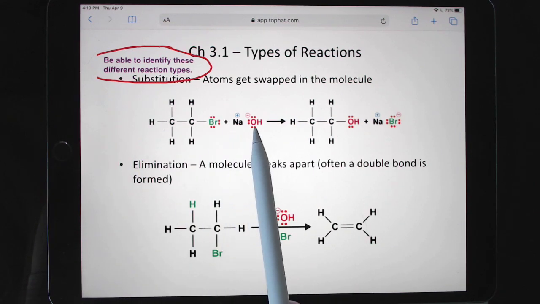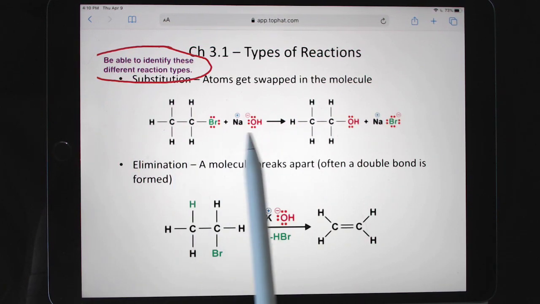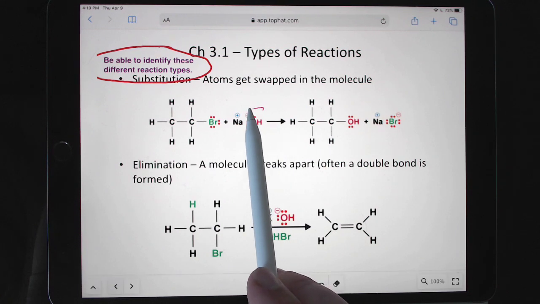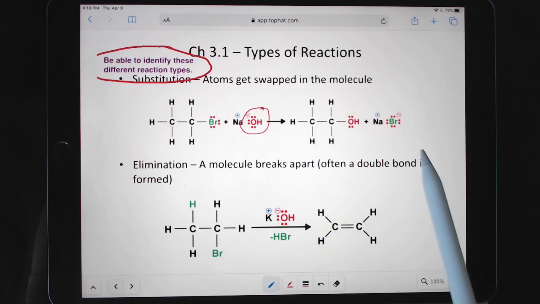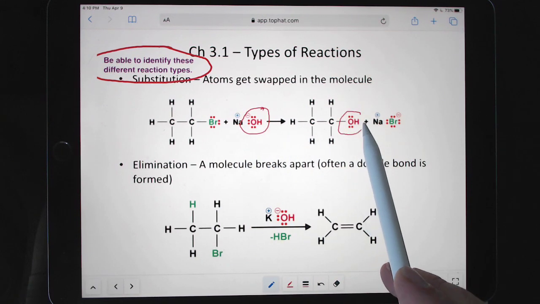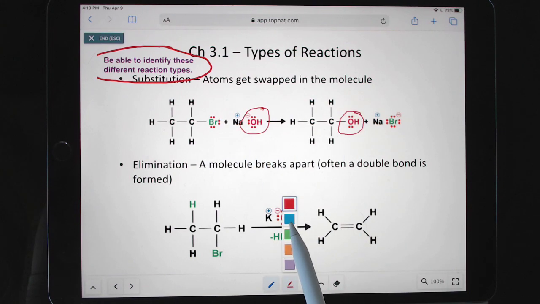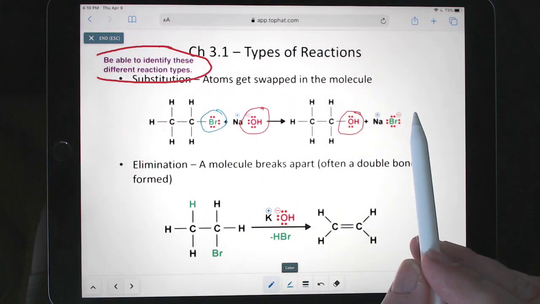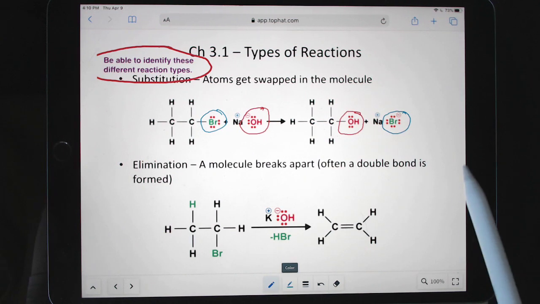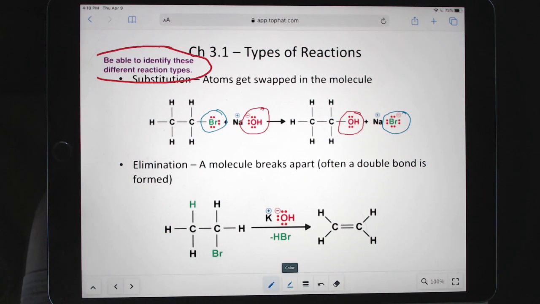With substitution, you are swapping parts of the molecule. In this case, the OH gets put on the molecule, and the bromine goes away. So you're swapping parts.